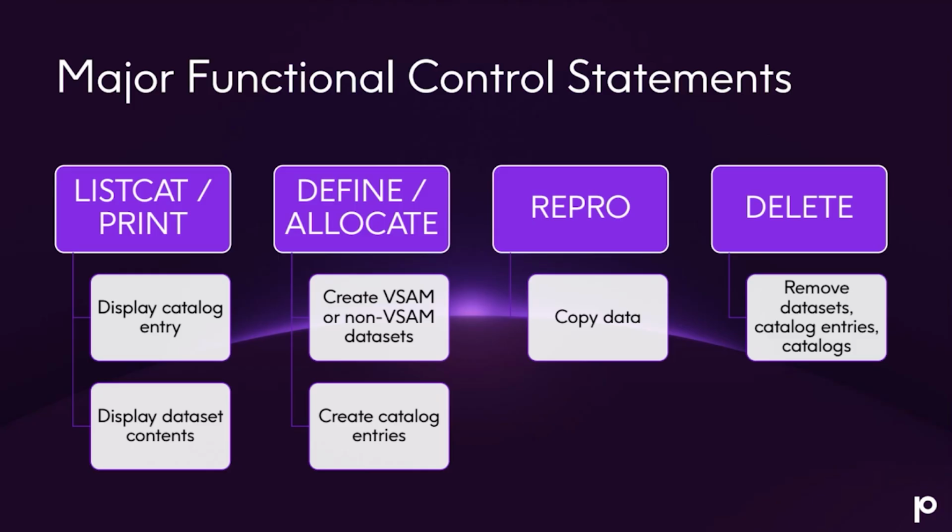So the modal commands control the flow of operations, but it's the functional commands that allow us to really accomplish something with IDCAMS. And as we saw, there are plenty of these. There's about 20 altogether, but the 4 that people tend to use are listcat to display the catalog entry for a data set, or display a catalog entry that perhaps isn't related to a data set.